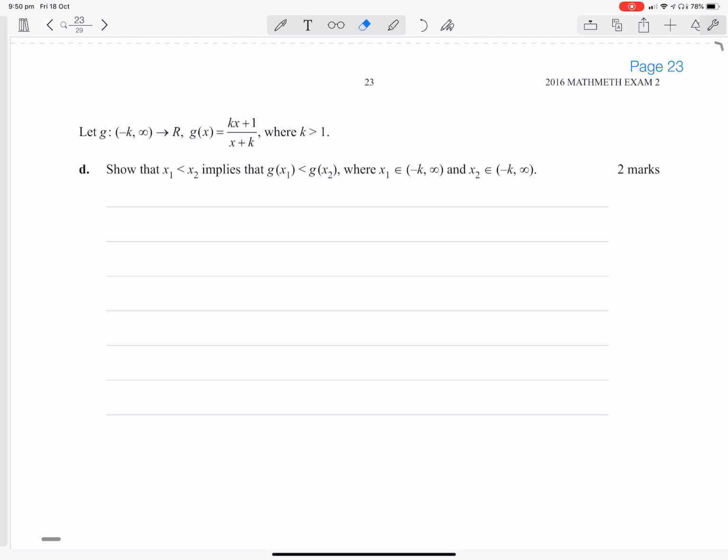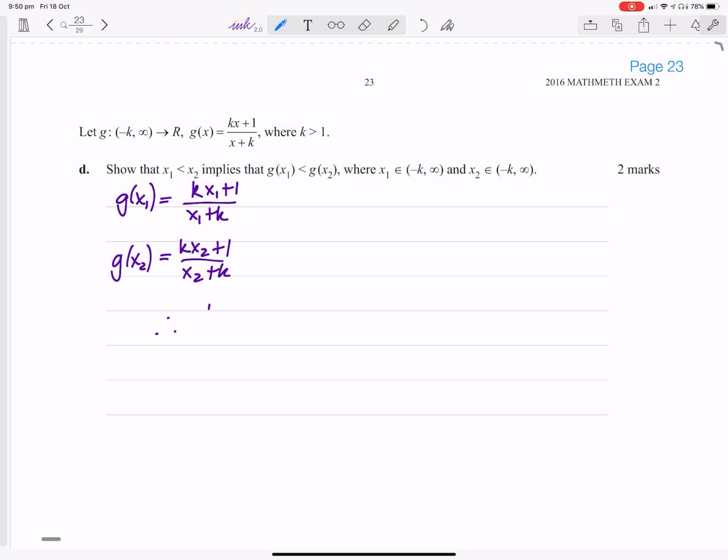Okay, show that x1 is less than x2 implies g of x1 is less than g of x2. So g of x1 would be k x1 plus 1 on x1 plus k. G of x2 is equal to k x2 plus 1 on x2 plus k.